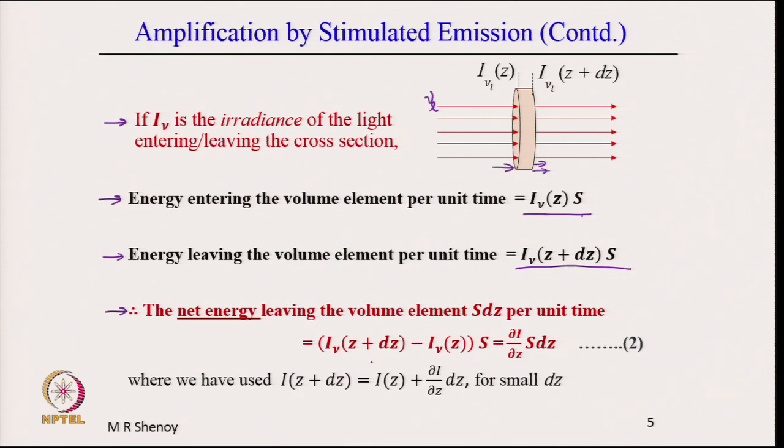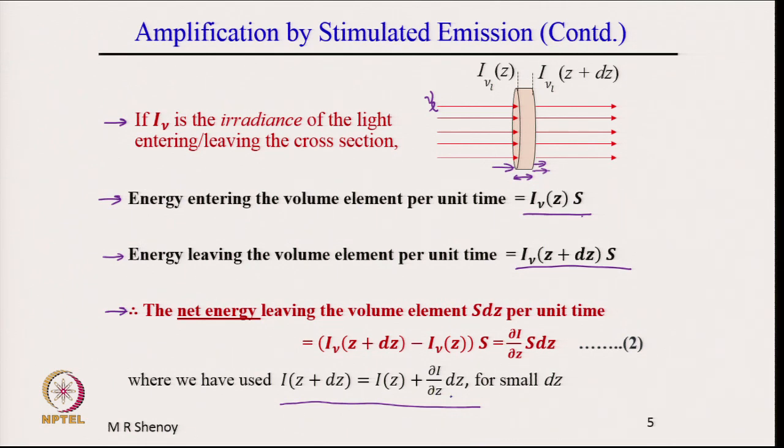So, (I nu of z plus dz minus I nu of z) into S, which we can write as delta I by delta z into S dz. Because this dz is the thickness of the volume element, which is infinitesimally small, we can write I of z plus dz is equal to I of z plus dI by dz into dz.